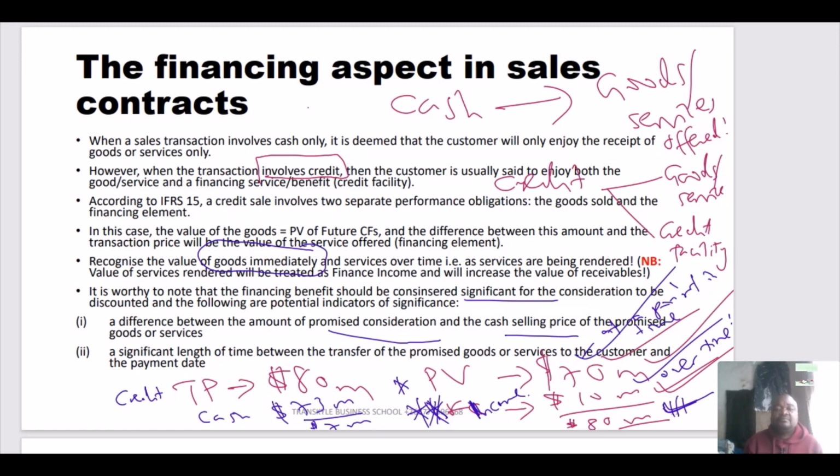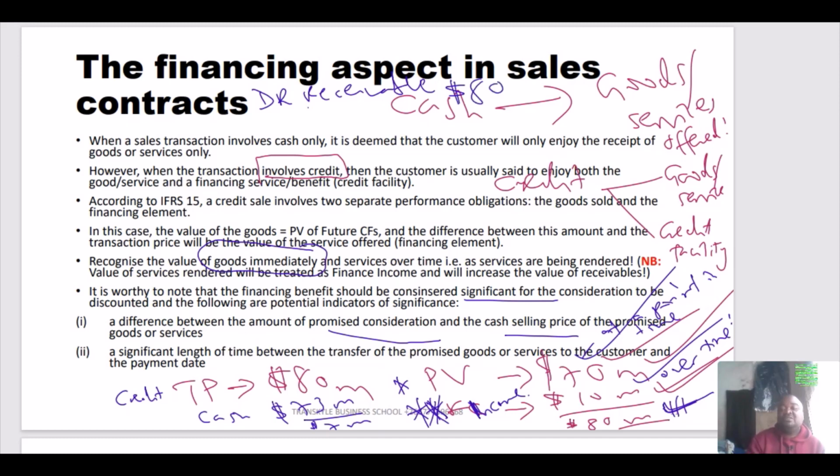Somebody might be asking, so what is the required double entry in recognizing this type of revenue? How do we recognize it? It means that we need to debit receivables.